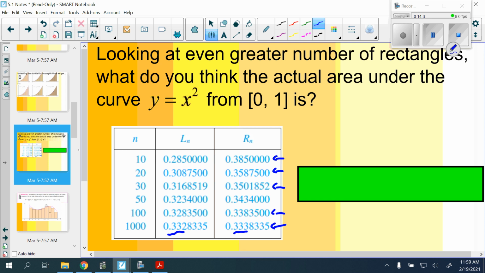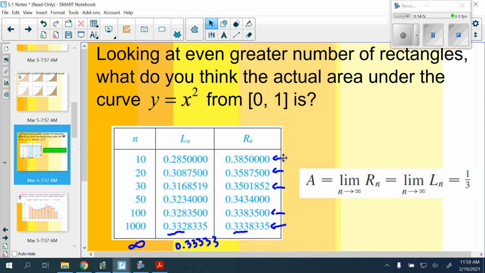And if you were to guess, looking at that last one, you could probably make a guess that this looks like it's probably approaching a value, if we kept going up to an infinite number of rectangles, 0.33333333 repeating, which means what is our actual area of this one? 1/3.